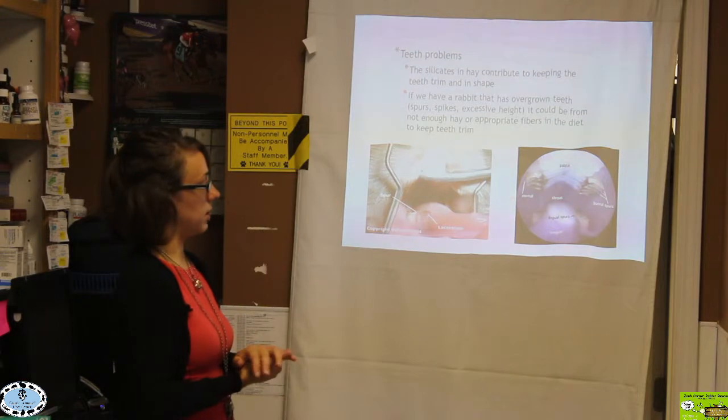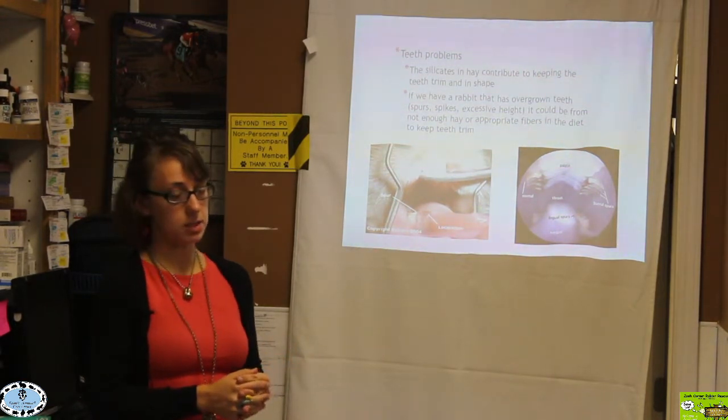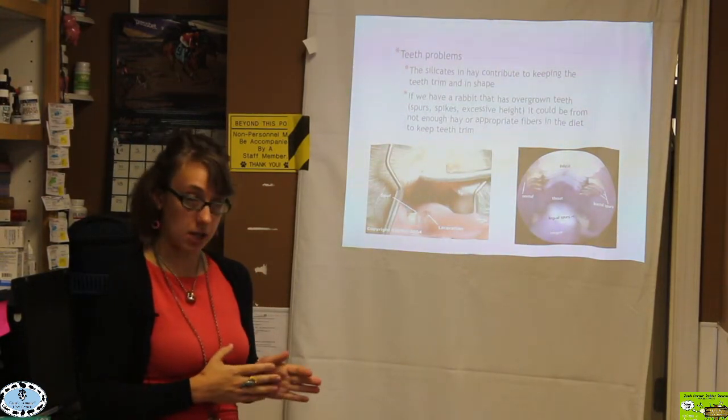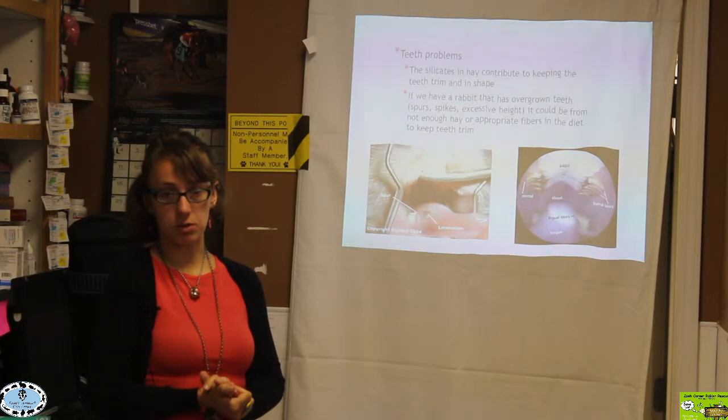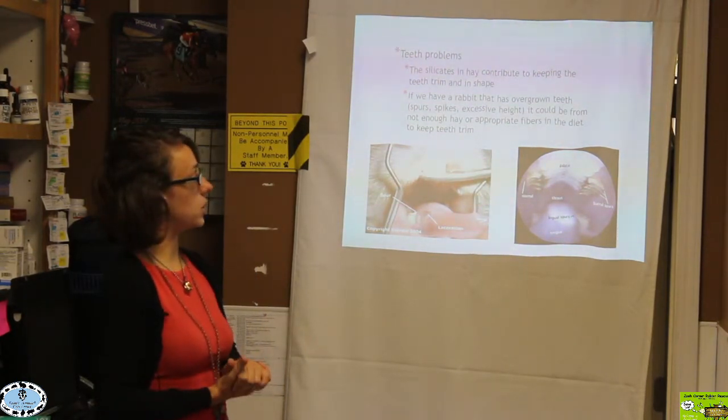So, teeth problems are really a very common issue that we see in rabbits, and our next lecture series that we're going to have in July is actually going to be focused on teeth in rabbits, so we'll be talking a lot more about these sort of issues.